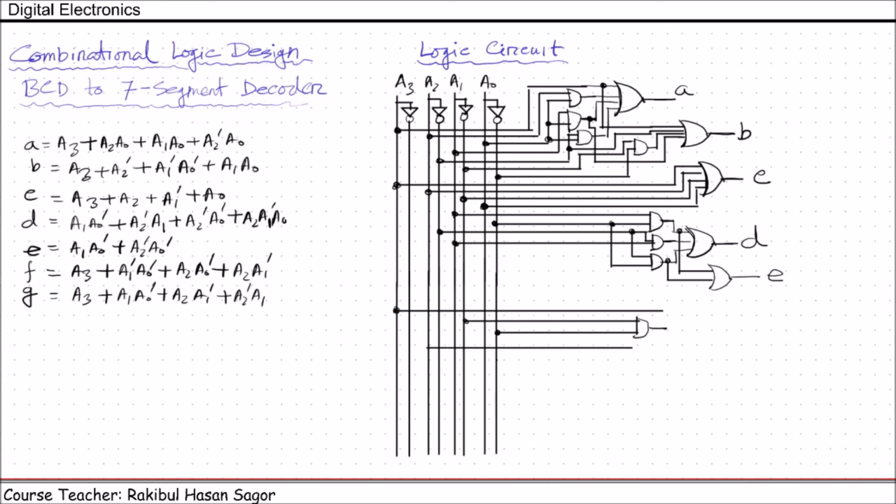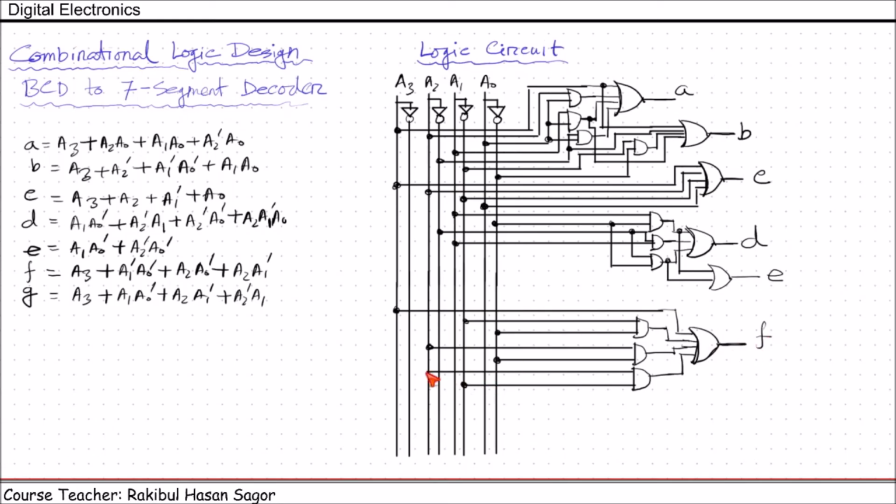They will pass through another AND gate. They are connected. Finally, A2, A1 prime. They will pass through another AND gate. All the outputs will pass through OR gate and we'll get the function F.